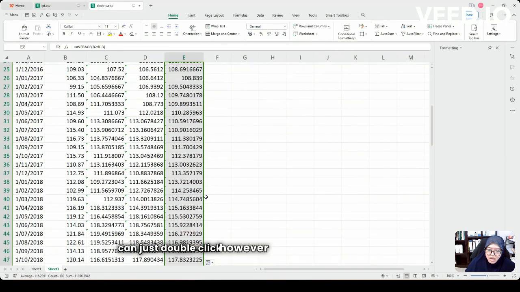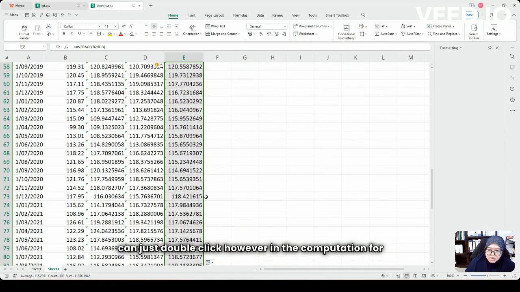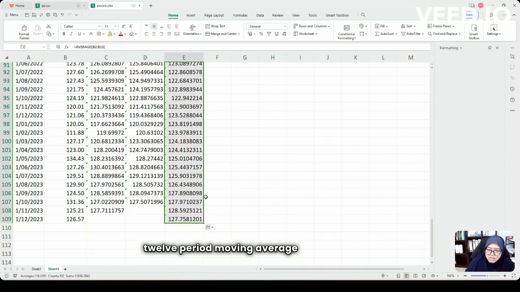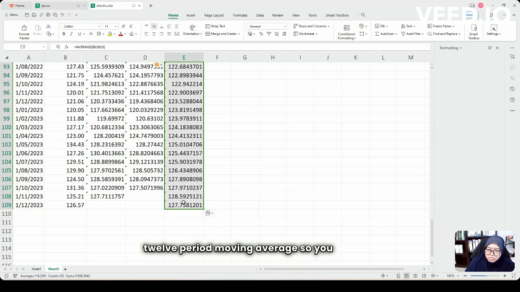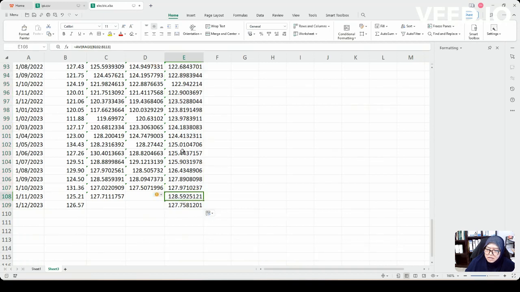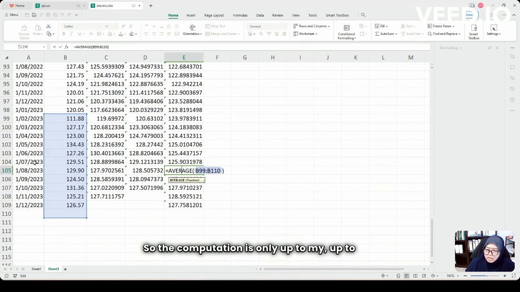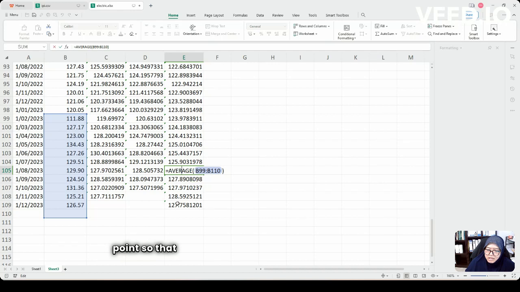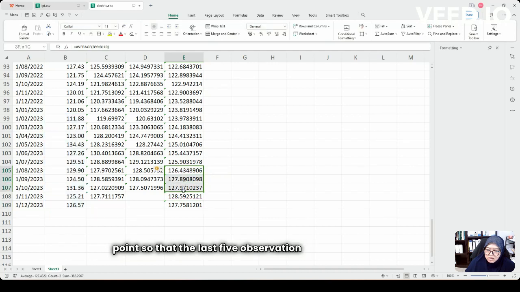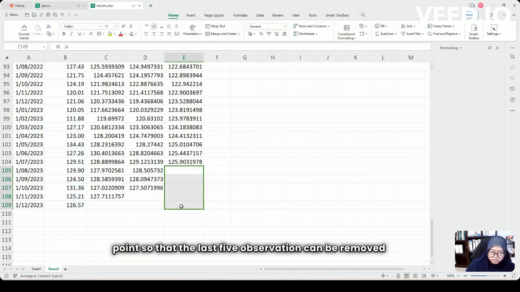However, in the computation for the 12-period moving average, the computation is only up to this point. So the last 5 observations can be removed.